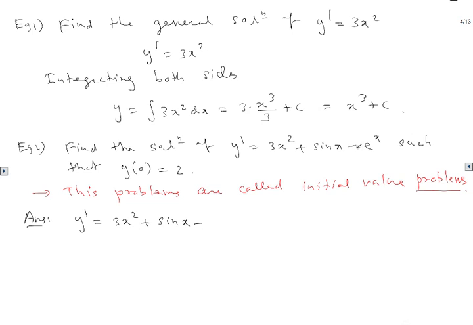I'm going to put a 4 here and a 2 there. So y prime equal 3x squared plus sin x minus 4e to the 2x. Now you can see that this is also the same situation.